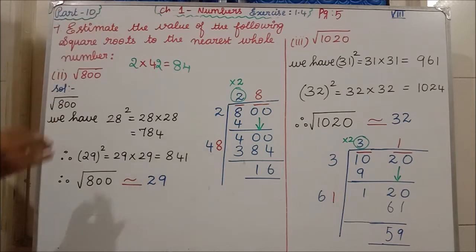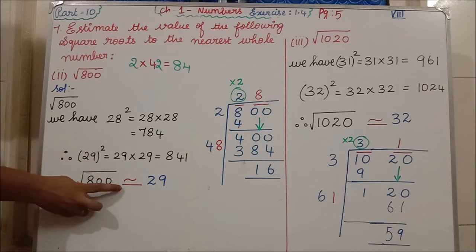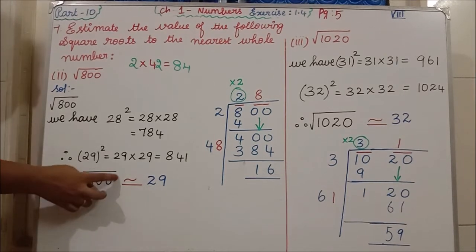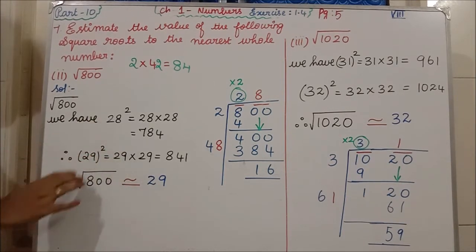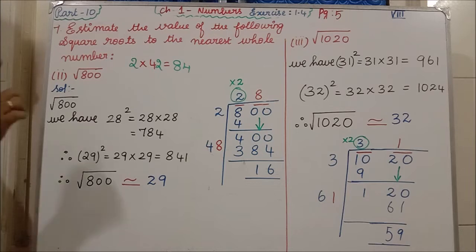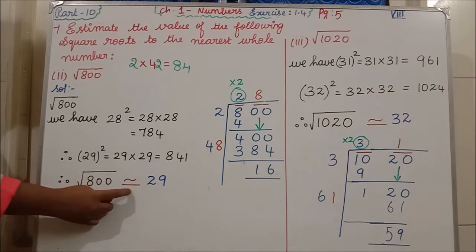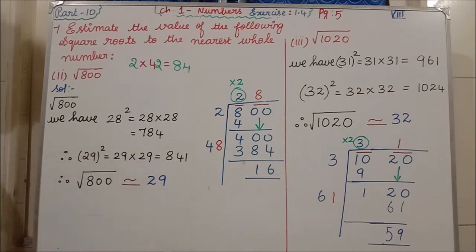Estimate means we have to find the square root near to this value. So see, I have not written equal to. I have written a wave line and one line, which means it is not equal to. If you write like this, it is near to that value only. You should not put equal to; you have to write a wave line and one straight line, that is the estimate value.